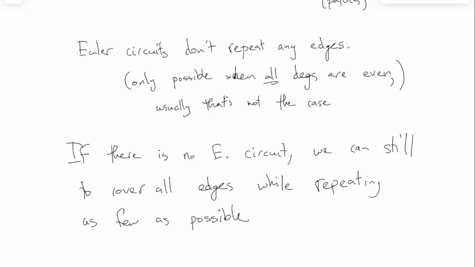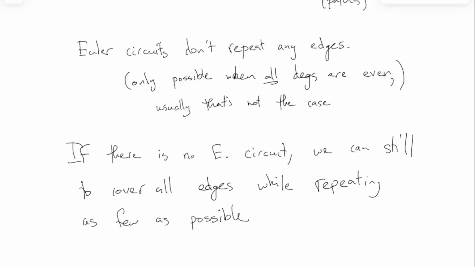Right? Euler circuit means you can do them all without any repeats. If you have a graph where that's impossible, what that means is if you want to cover all the edges, you're going to have to repeat some of them. And in that case, you might want to cover all the edges while repeating as few as possible.